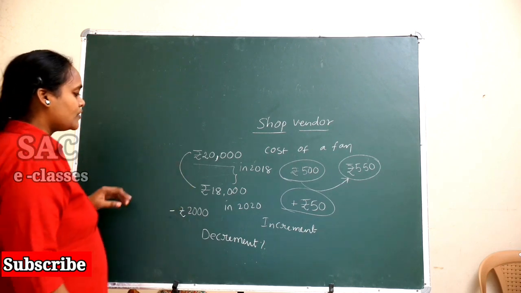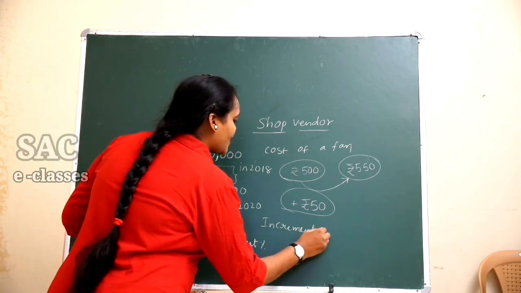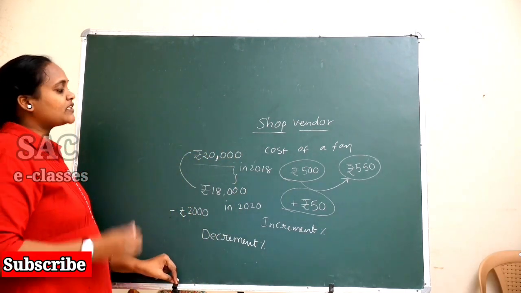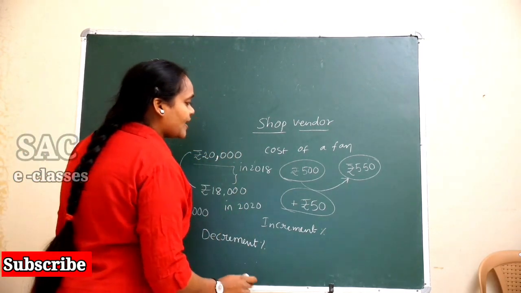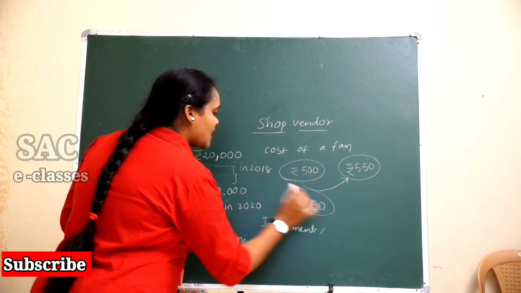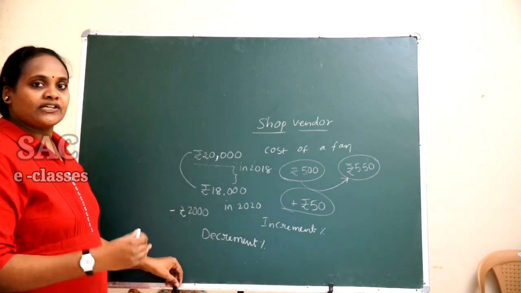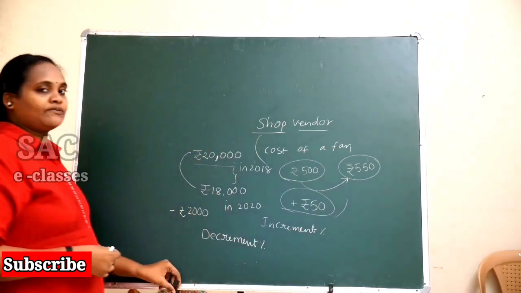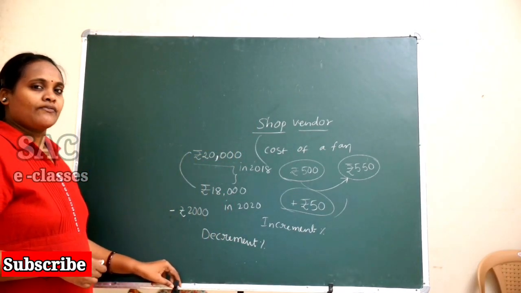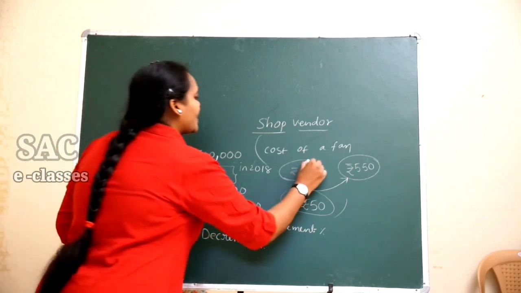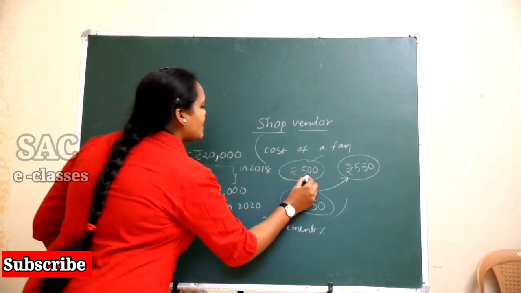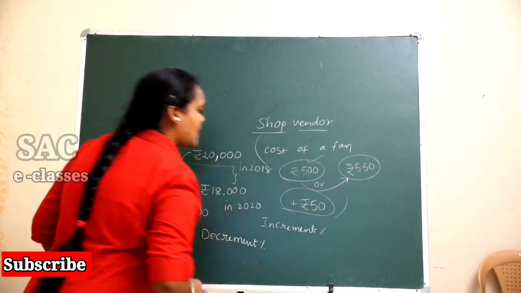Let me explain. If you want to find the increment percentage, first of all you should identify the original value and the new value. In the first example, the original price of the fan is 500, so consider 500 rupees as the original value.